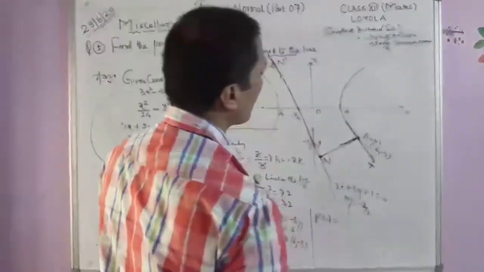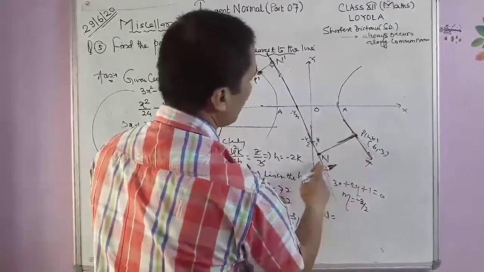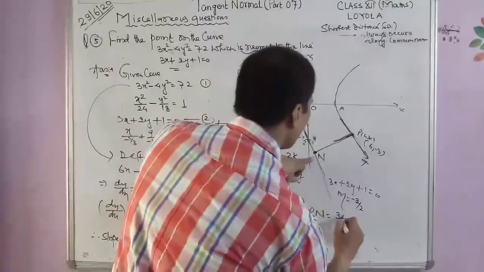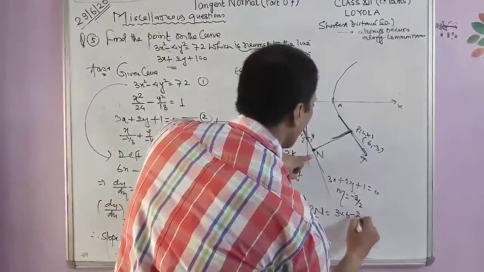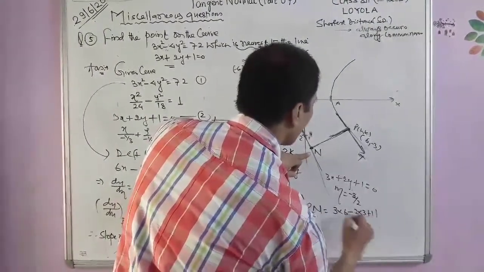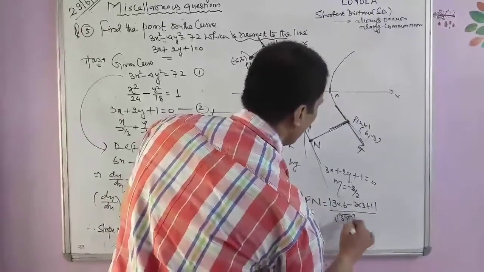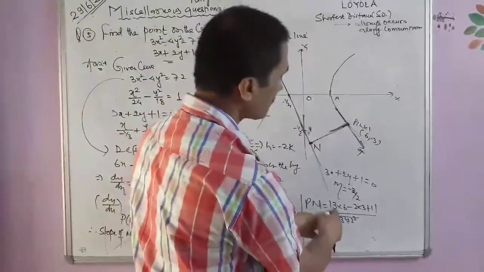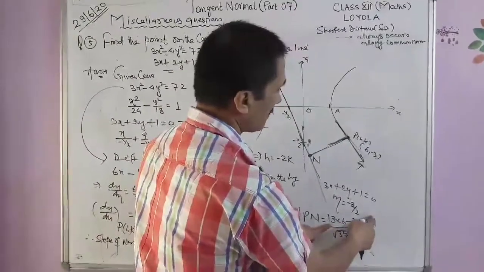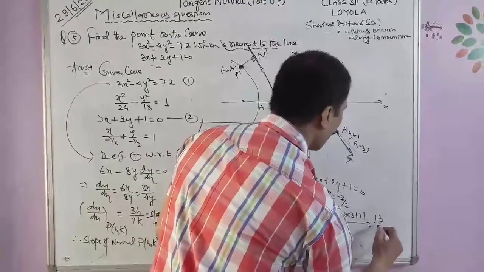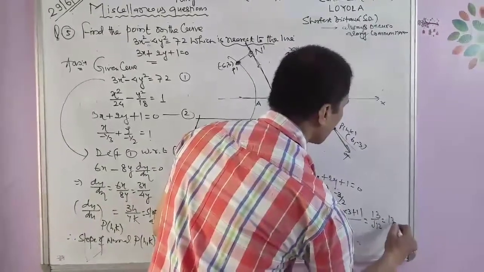The perpendicular distance PN from this point to this line, from coordinate geometry, is mod of 3 into 6 minus 2 into 3 plus 1 divided by under root of 3 square plus 2 square, that is 18 plus 1, 19, 19 minus 6, 13, divided by under root 13, that is under root 13 units.